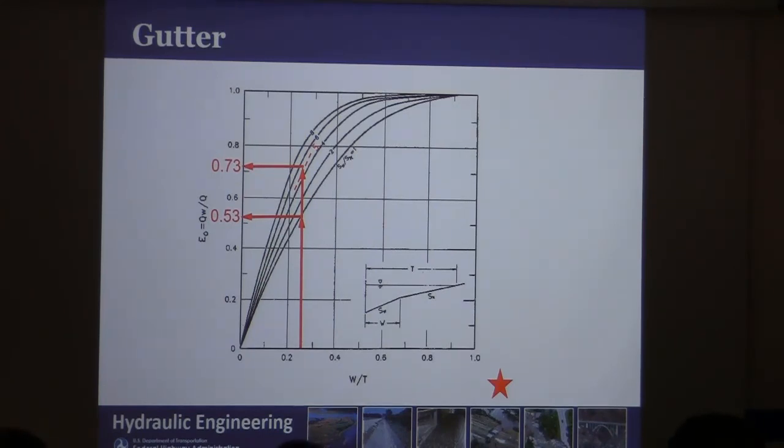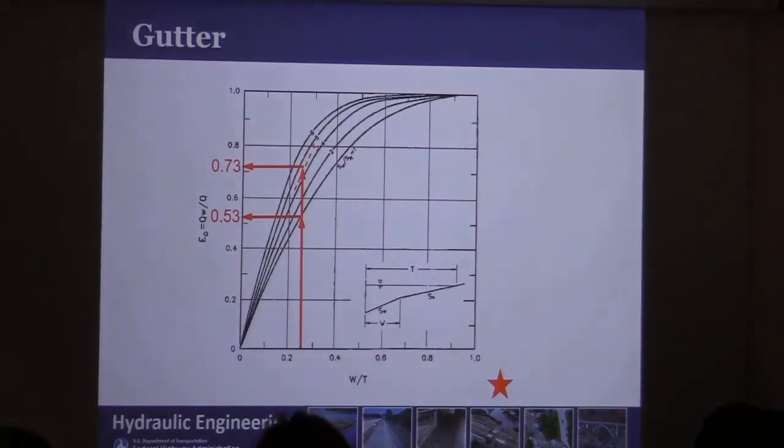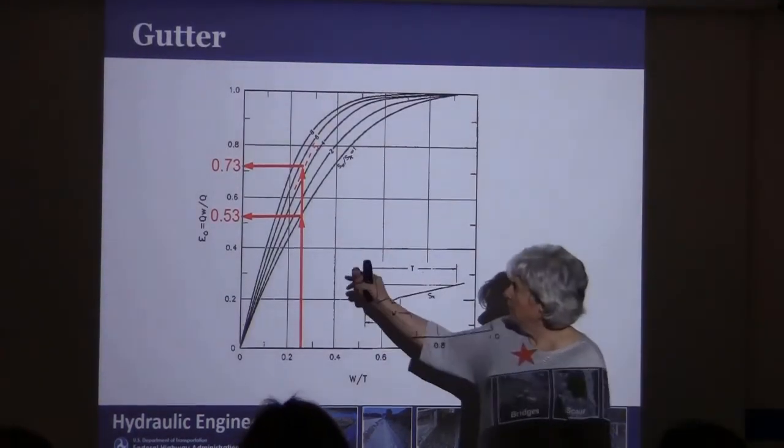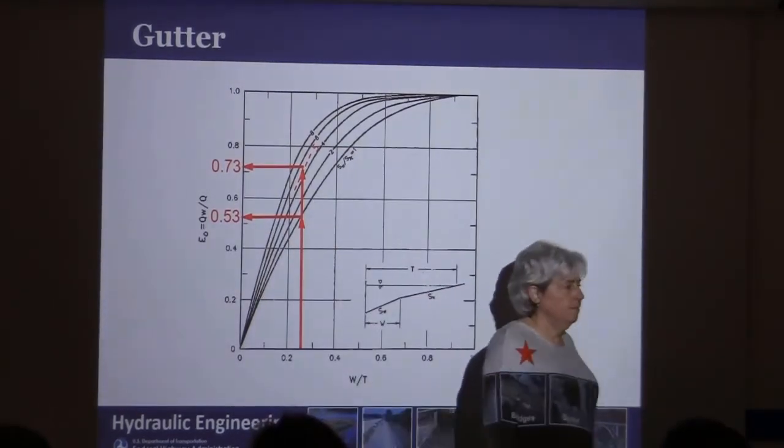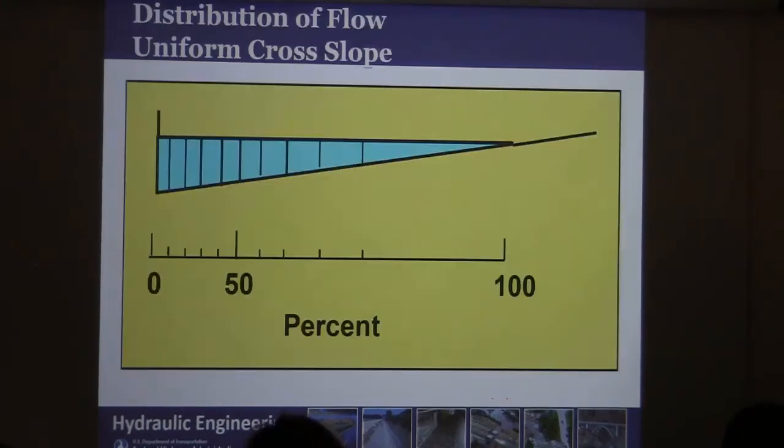So what this is saying is that in a uniform cross slope, 50% of the flow is in about 25% of the width. Because your W over T is 2 over 8, that's 0.25. So if you come back here, your W over T was 0.25, and you come across and a little more than 50% of the flow is within that 25% width.